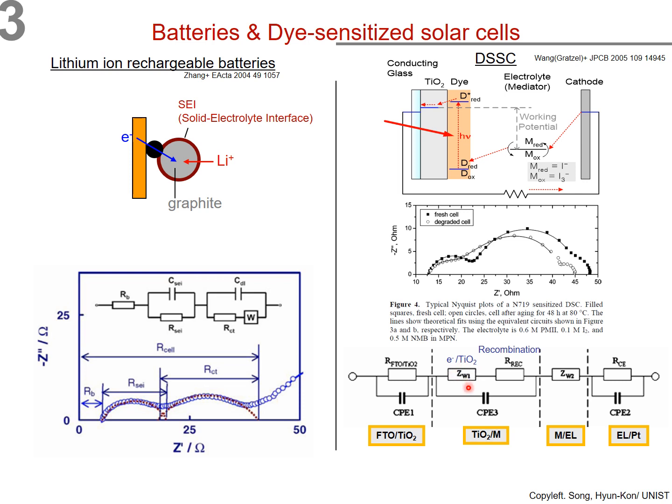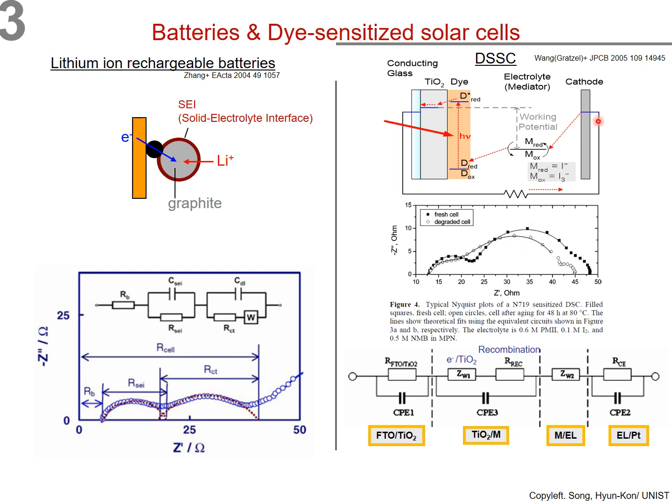The other thing is Warburg, and this Warburg is related to the electron transport through the titanium oxide. So anyway, the semicircle is responsible for the electron transfer, then the electron transport through titanium oxide. The other Warburg is for the mediator transport through the electrolyte, but in this case, you couldn't neglect it in the experimental data.